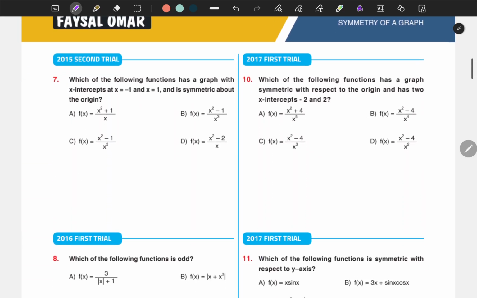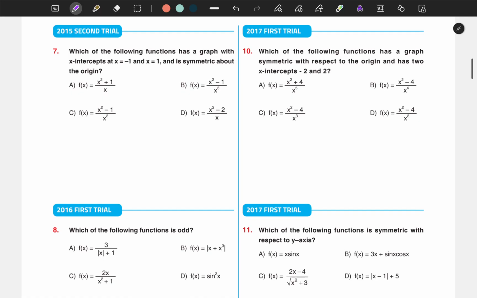Yes. Next question. Which of the following is symmetric with respect to the origin? Origin means odd. Okay, look at the upper part. Even divided by odd will be odd. This is true. This is odd because even by odd is odd. But even by even is even.